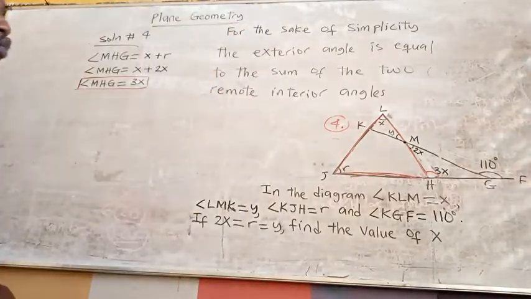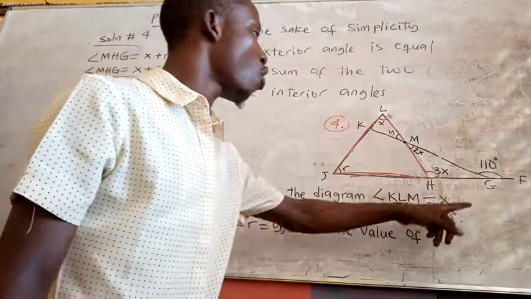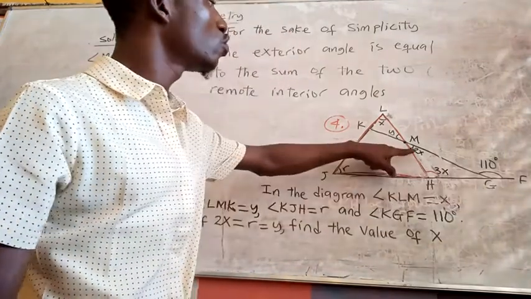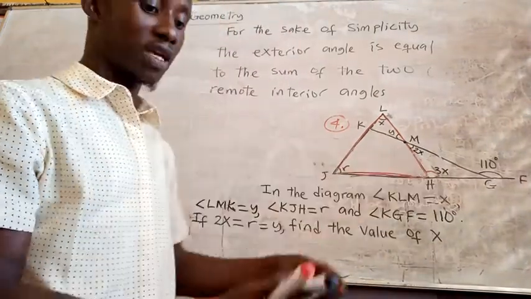So here we can clearly see that 110 is equal to 2x plus 3x.